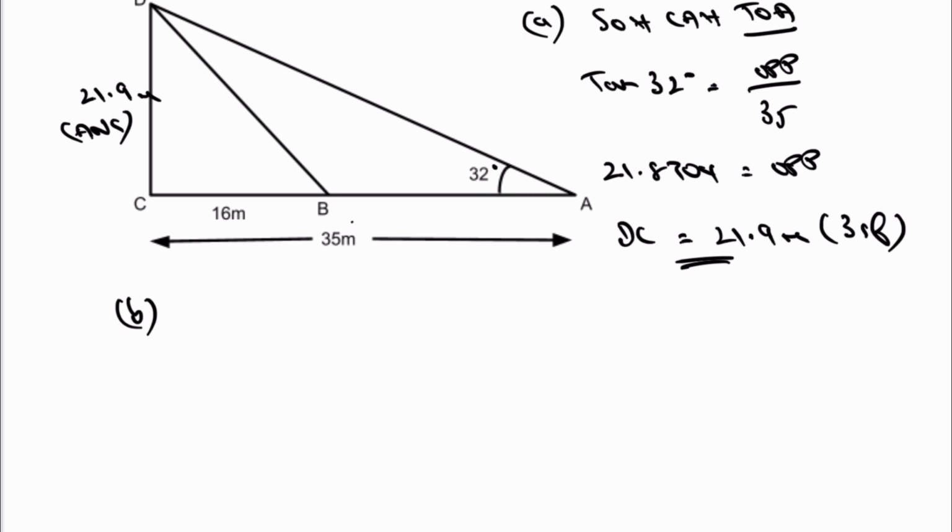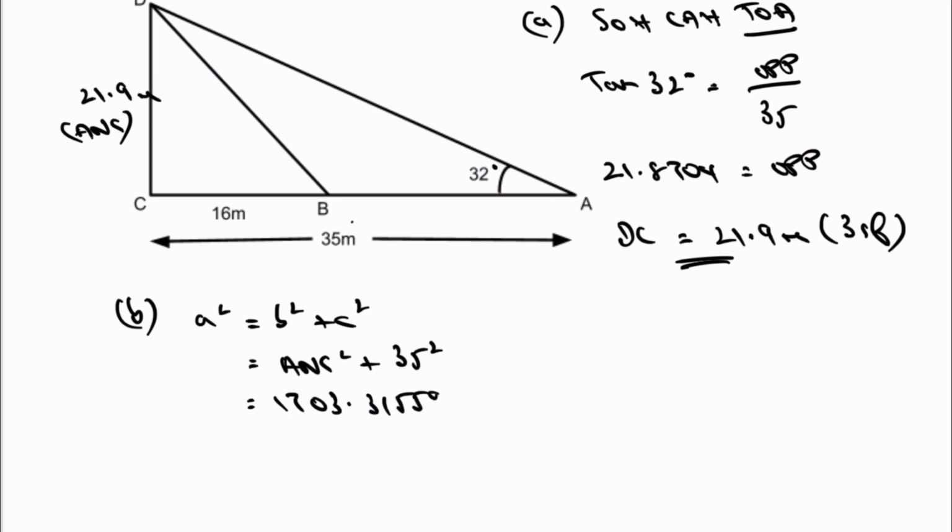Okay, so let's have a look at part B. I'm going to say that A squared equals B squared plus C squared. Well, A is actually going to be the hypotenuse in this particular case, so it's going to be the answer squared plus 35 squared. Put that into a calculator. I'm going to get A squared equals 1703.315591.